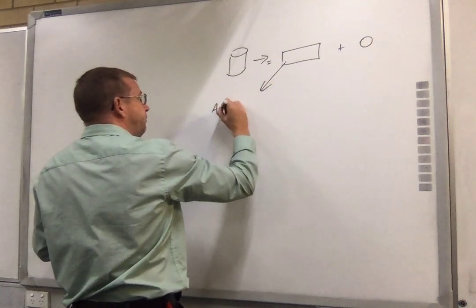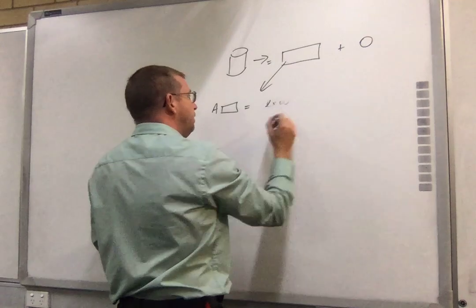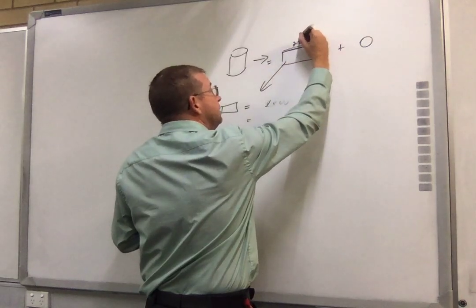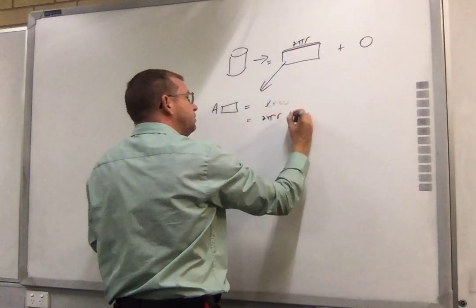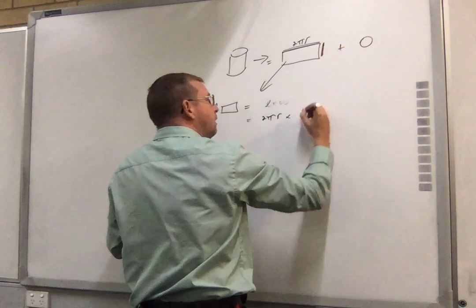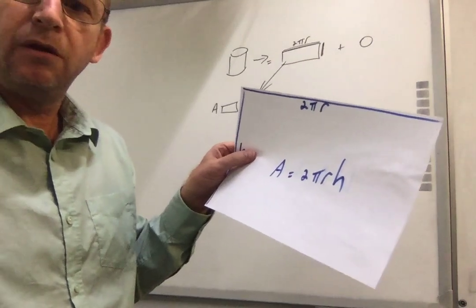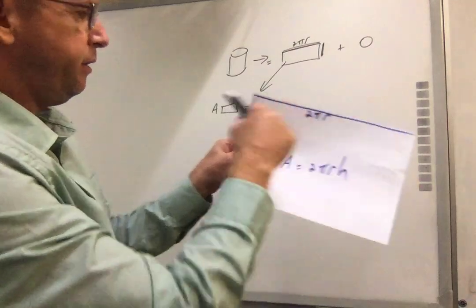That area of the rectangle is, well, it's length times width. Well, what's my length? My length is 2 pi r times my width. That was h.